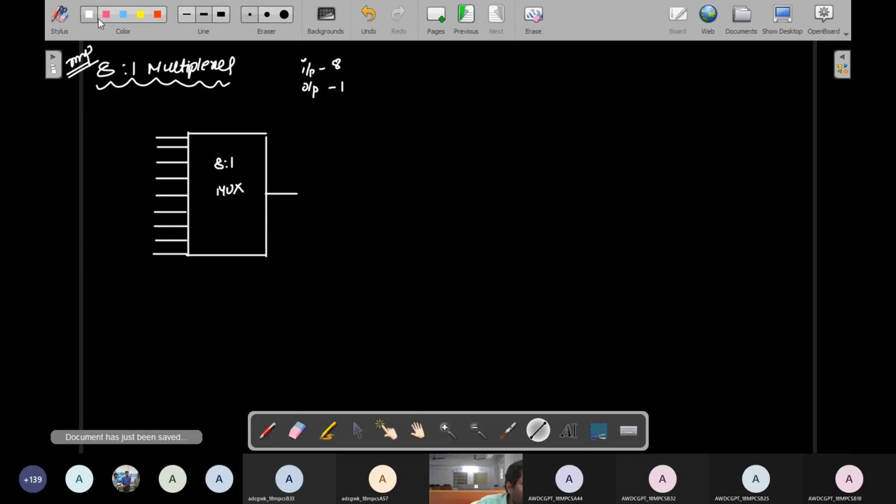Right now I write the input terminals: D0, D1, D2, D3, D4, D5, D6, D7.